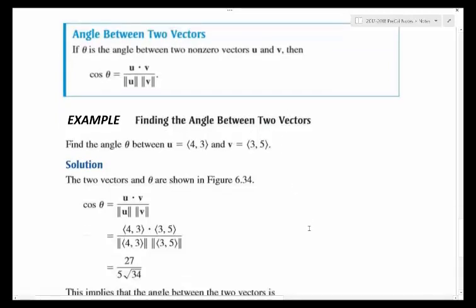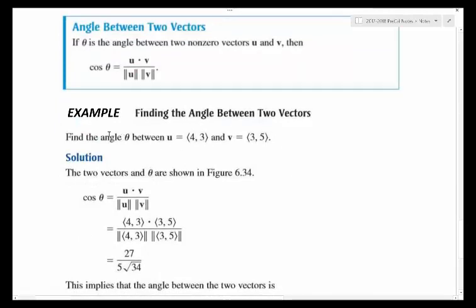So let's say I've got a vector u at 4, 3 and vector v at 3, 5. I want to find the angle between them. The dot product will be 4 times 3, which is 12, plus 3 times 5, which is 15, which gives me 27. The magnitude of u will be 4 squared plus 3 squared, and take the square root of it, which is 5.